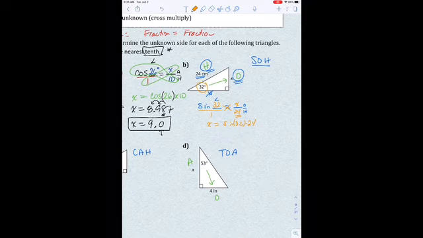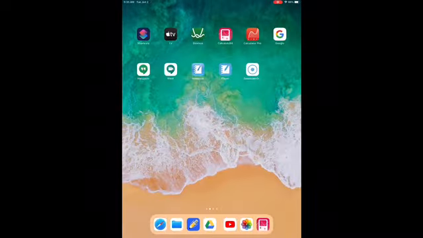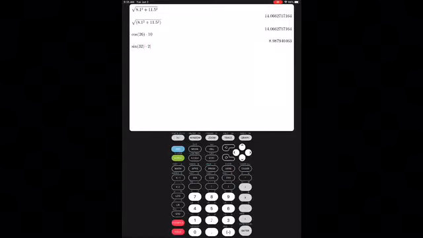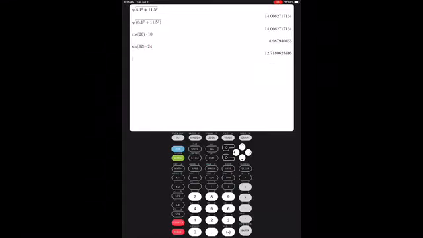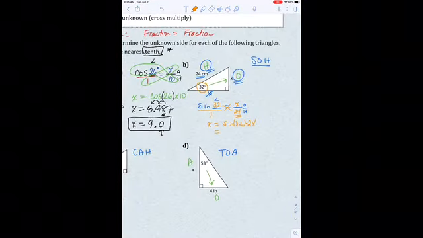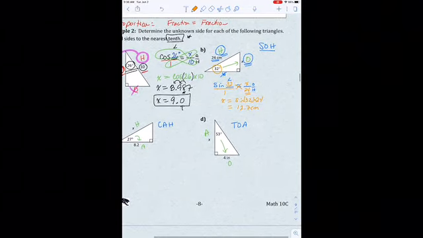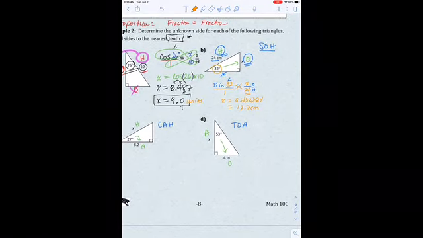So when I plug that into my calculator, sine of 32, close my bracket, times 24, enter, we get 12.718, so that's going to be 12.7, and I guess that's centimeters in this case. The other one didn't have units, so we could just say units here for question A.